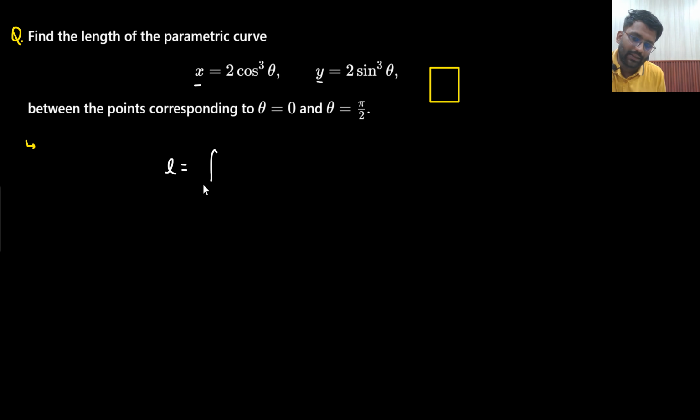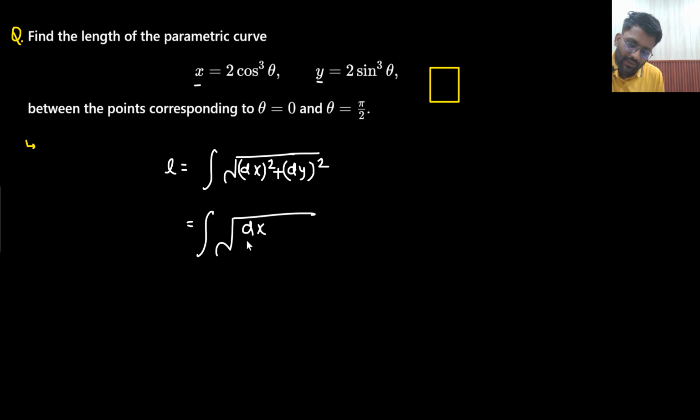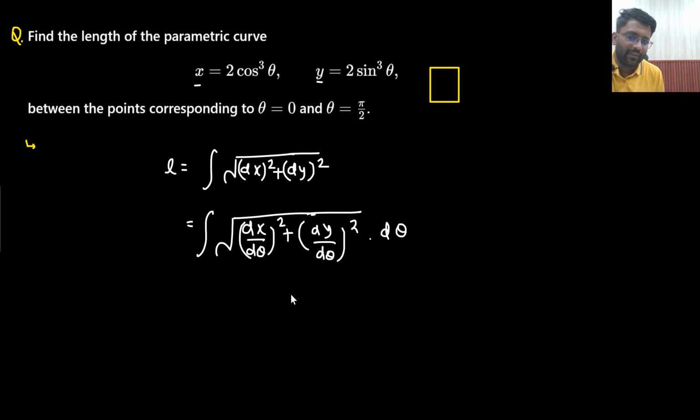What will be the length L? Length L will be nothing but the integral of the square root of dx square plus dy square. So what you would do is dx by d theta, dy by d theta, dot d theta, multiplying and dividing by d theta, with theta going from 0 to pi by 2.